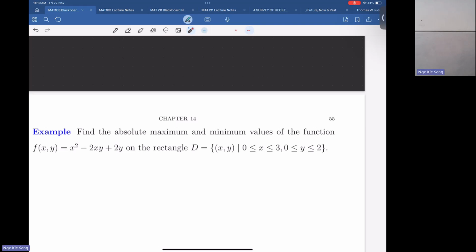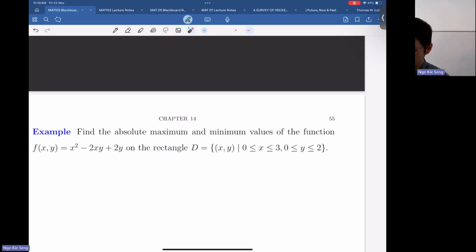That's continuity. And then it must be continuous on a closed and bounded set. This is a rectangle, so it is bounded already. Is it closed or not? Let's draw the picture.